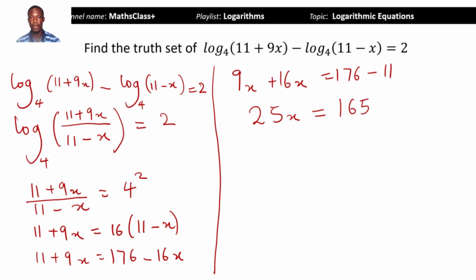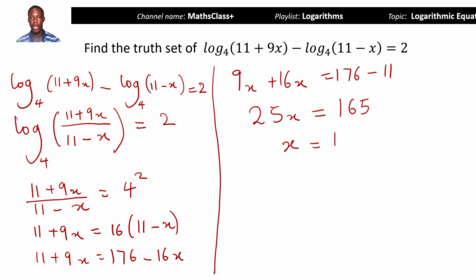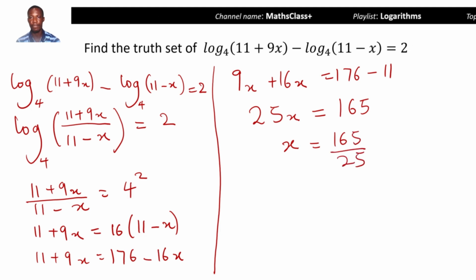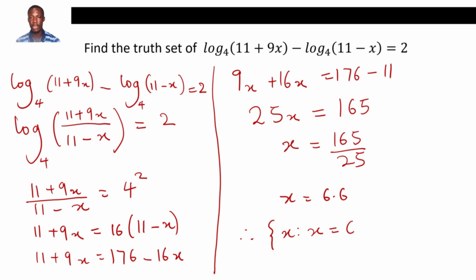So if I divide through by 25, my x is going to be 165 over 25. So x is equal to 6.6, and the truth set becomes x such that x is equal to 6.6, and that's the final answer.